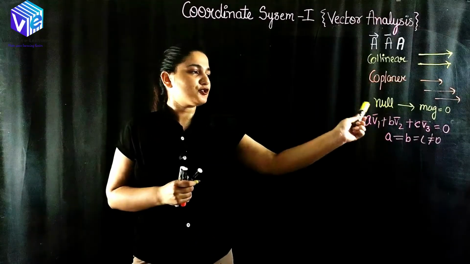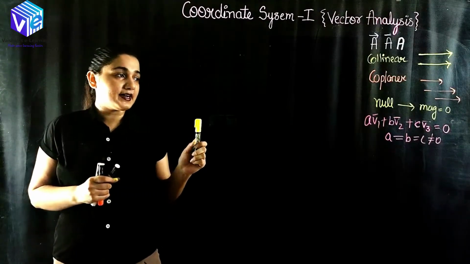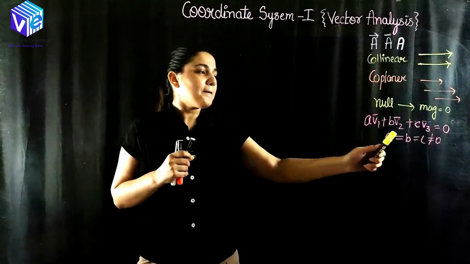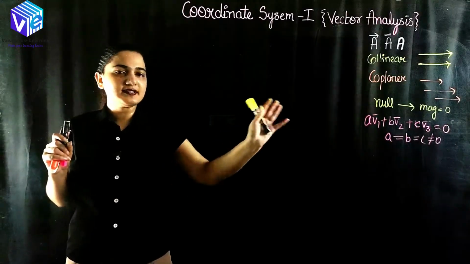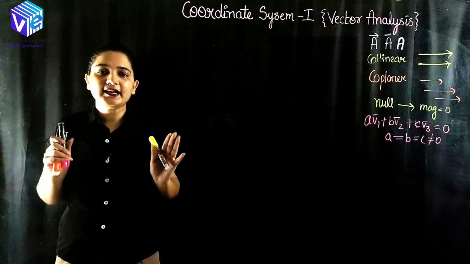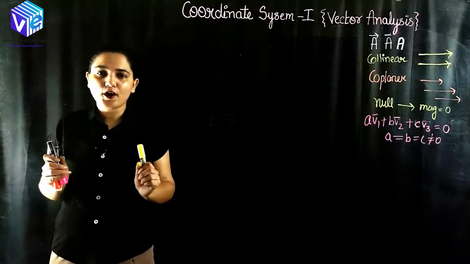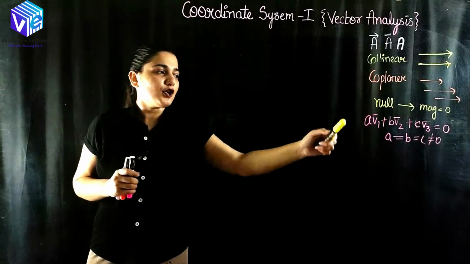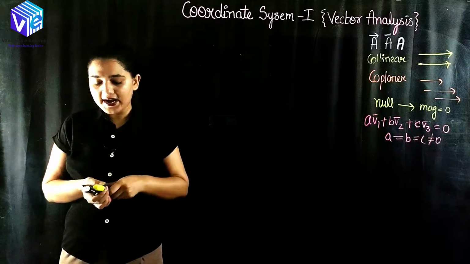So v1, v2 and v3 are linearly dependent, and if a, b and c are all 0 in this case, then these are linearly independent vectors. I hope you got all three of them and also what linearly dependent and independent vectors are.